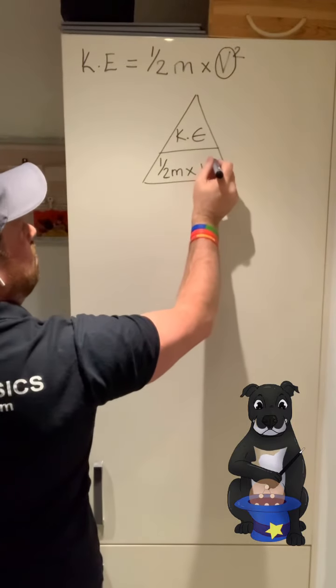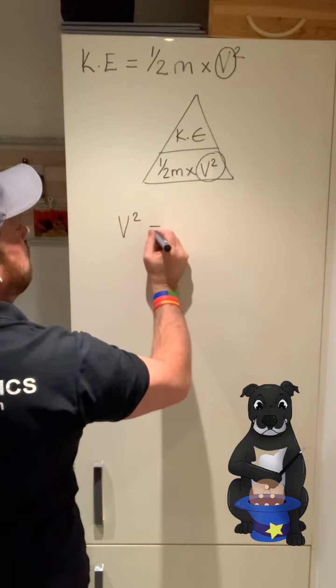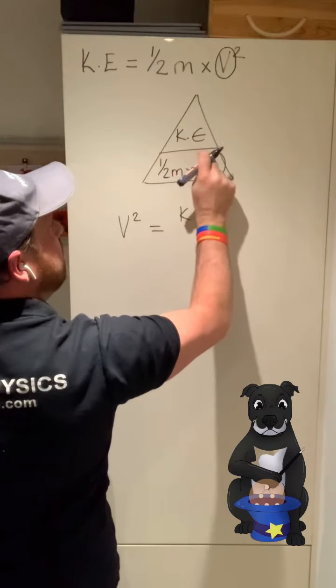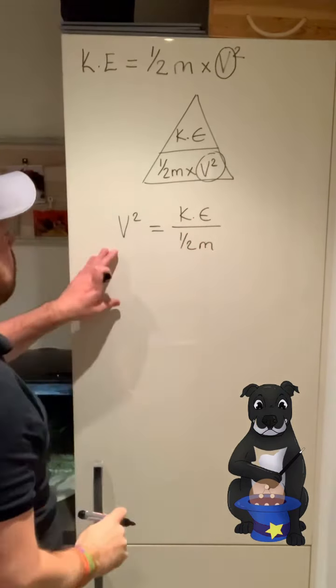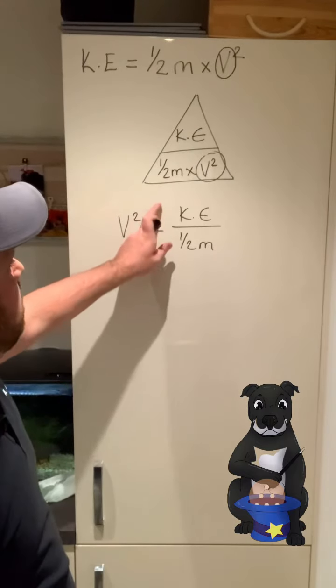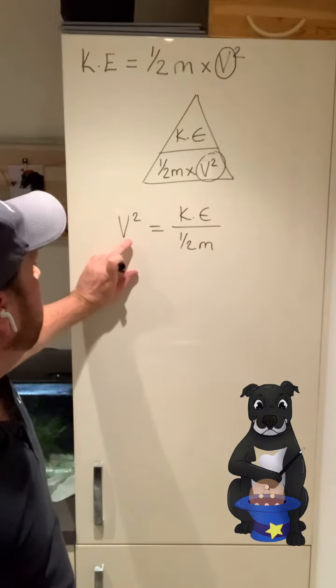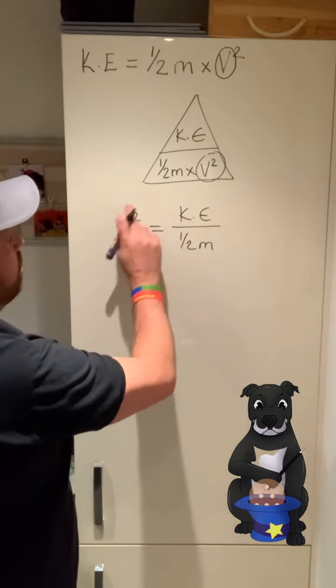So you need to isolate V squared. V squared will equal what you're left with: the kinetic energy, and that line means divide, so divided by half mass. So you've got V squared on this side and KE divided by half mass on this side. To calculate V, you need to square root both sides.